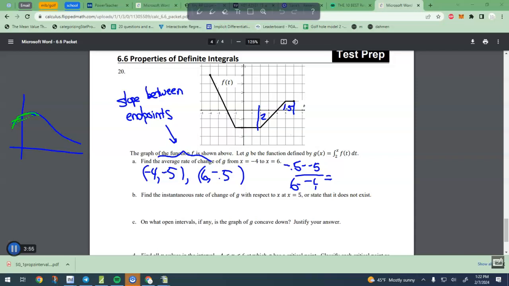2 to 6 minus 3. Sorry, what's this? 3. And it's -3.